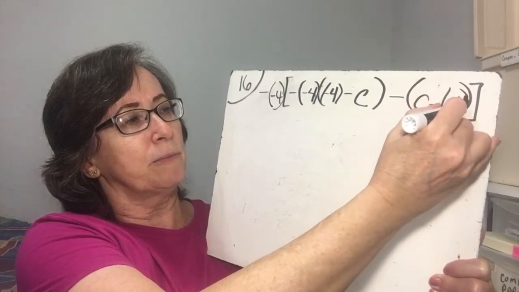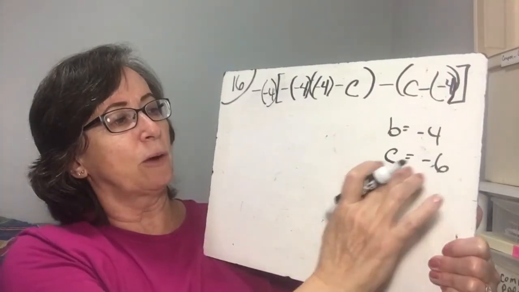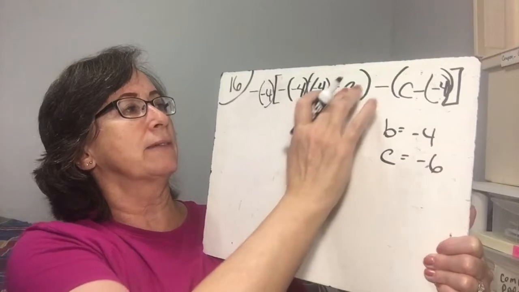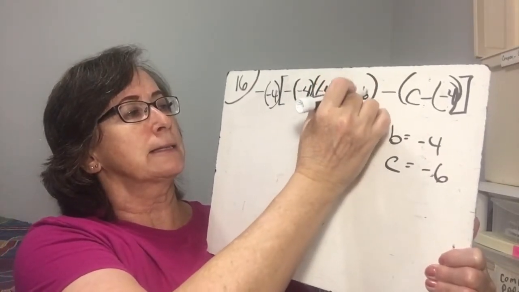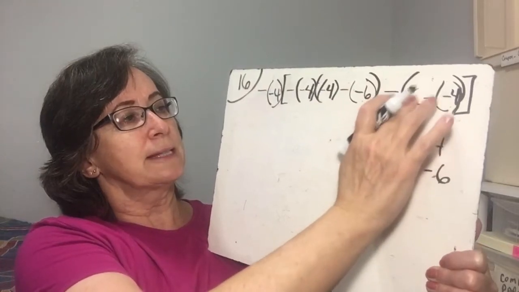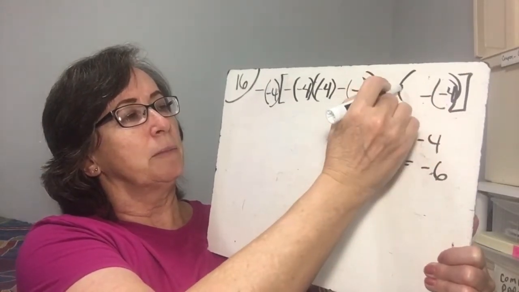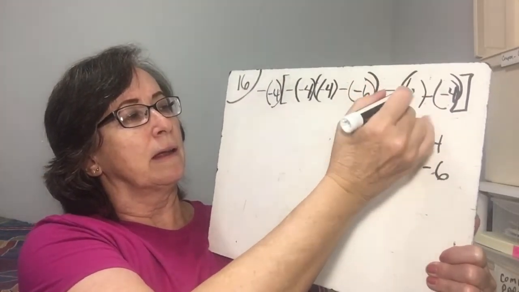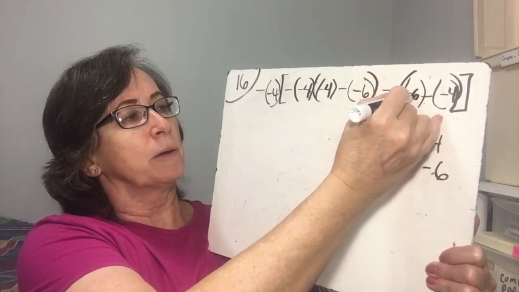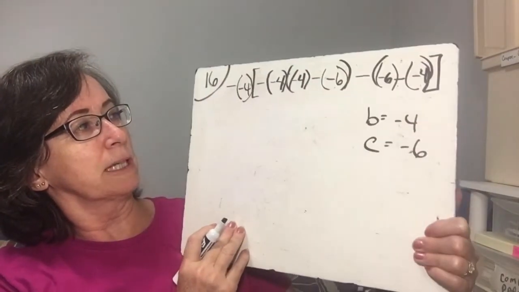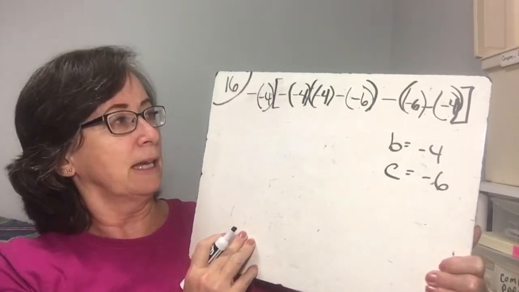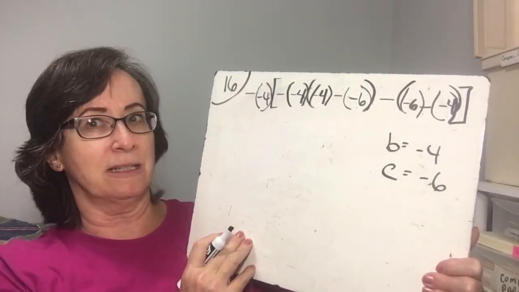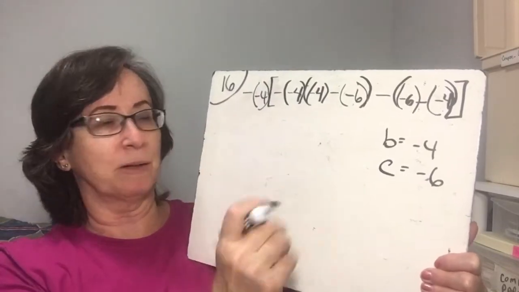Put in the negative 4. And then we're going to do all the c's. So that's a negative 6. We take out the c and put in a little parenthesis, a little cocoon for it to live in. Okay, so we've gotten everything fixed, and we're going to start innermost to outermost.